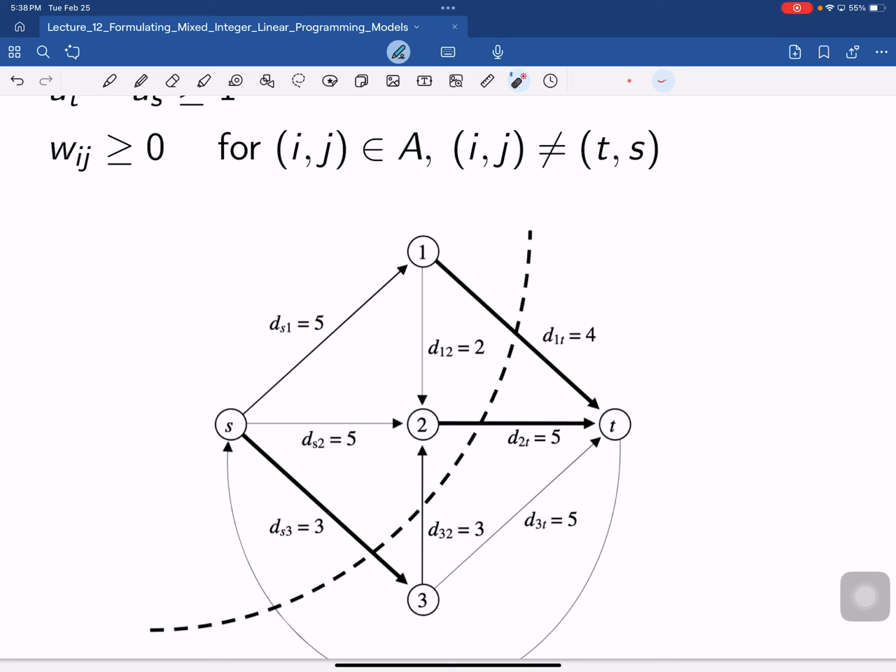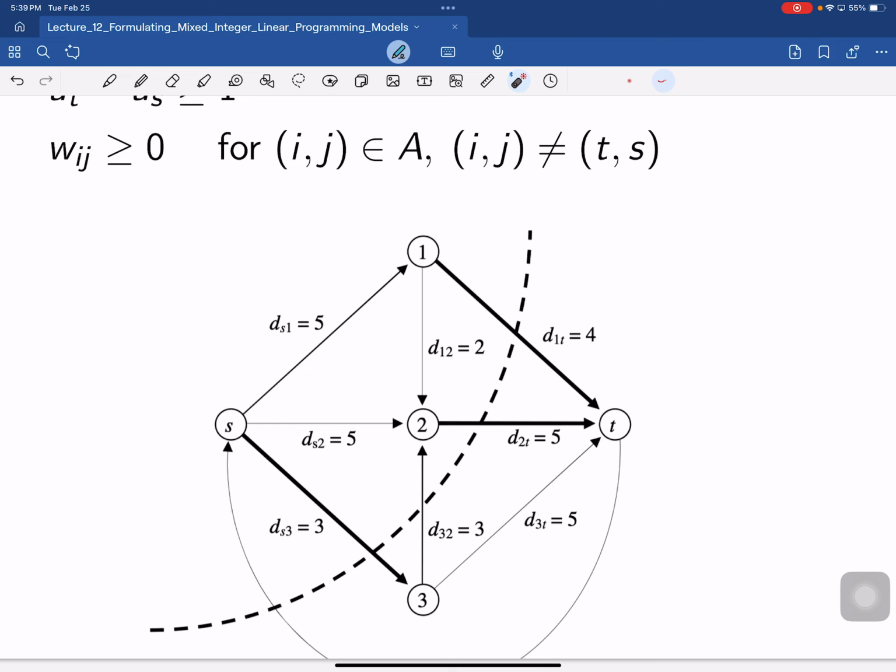This edge is from the left to right, this is left to right, and these edges are also connecting from the left side to the right side. If you add up all the weights of these 3 edges, that is the cost of this cut.